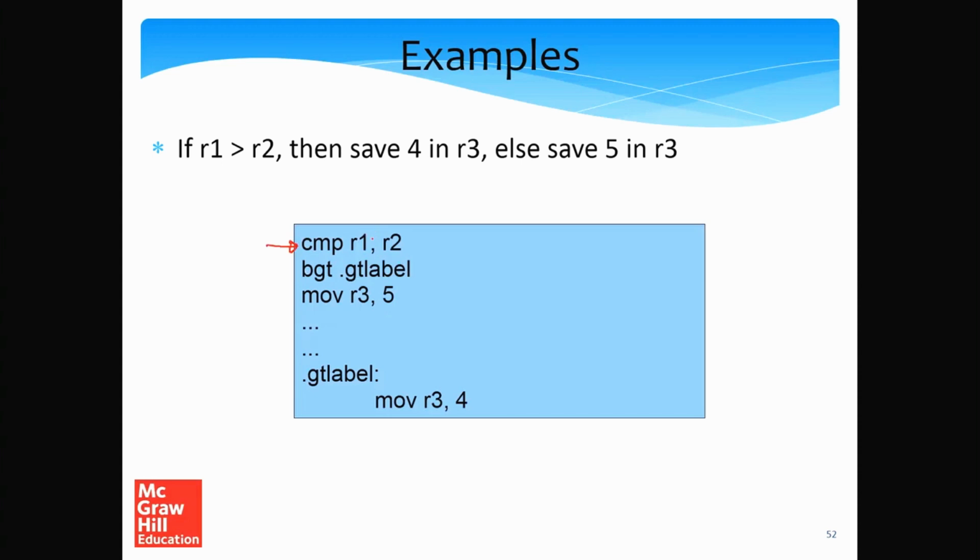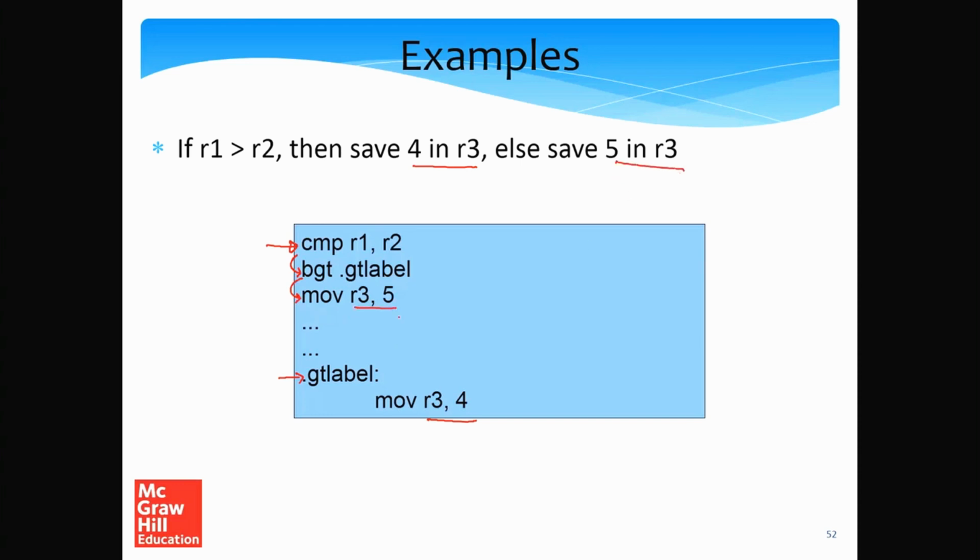If R1 is greater than R2, the flags.gt bit would be set to 1, so we jump to the GT label and save 4 in R3. Otherwise, we don't jump, and by default we come to the next statement where we save 5 in R3.